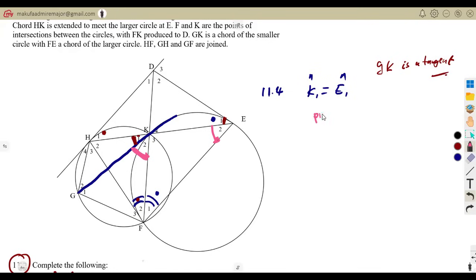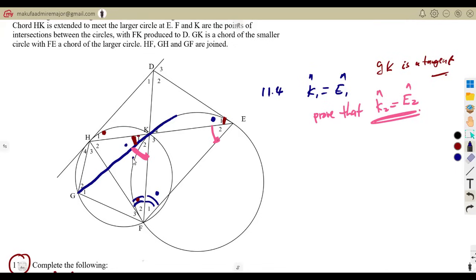If you can prove that angle K2 is equal to angle E2, if we can just prove this, guys, we are done. How can we prove that these two angles are equal from what we are given? Our focus must be on K2. All right, let's see where we have K1 and K2.